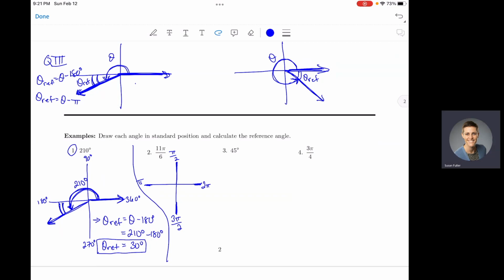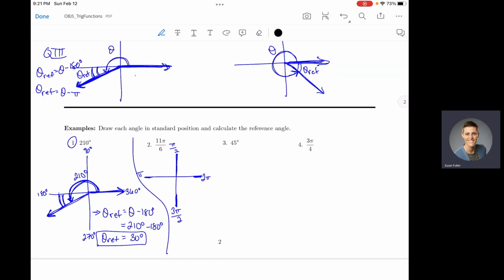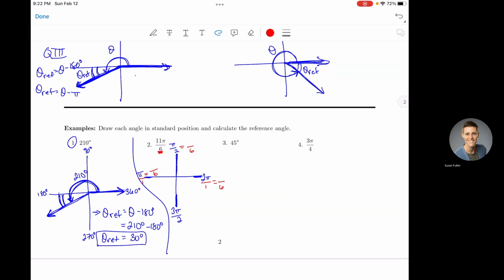So this is what everything looks like in radians, but radians are fractions, and that's confusing to me. So I'm going to change all of these to have the same denominator as the angle that I'm given. I'm going to make all of these equivalent fractions with a denominator of 6 so that I can see where 11 pi over 6 lives more clearly.